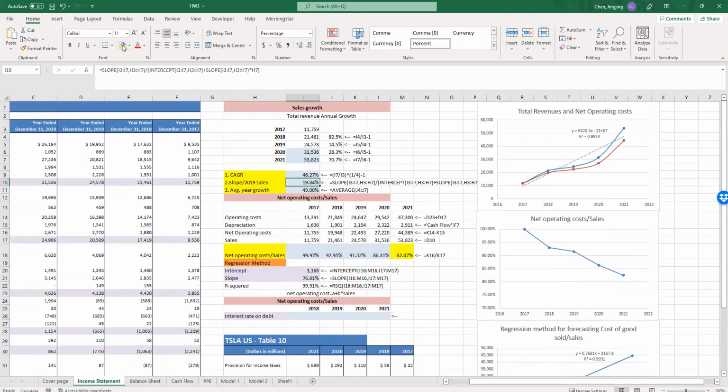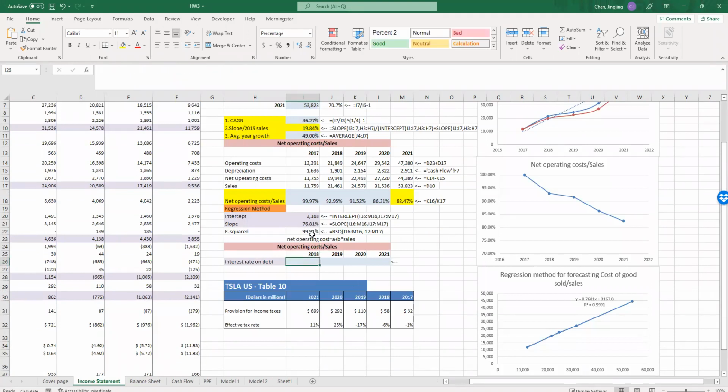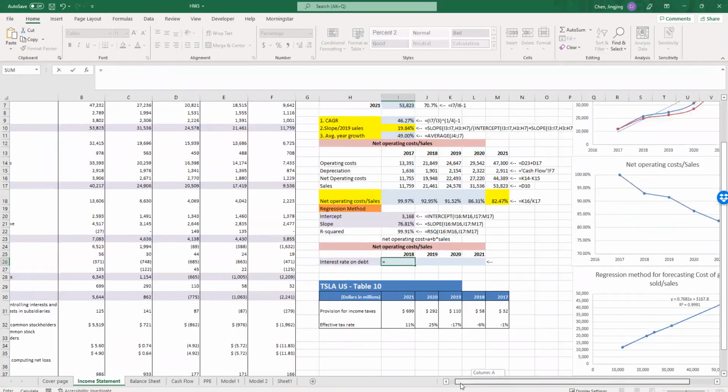And then here, trying to use this regression method for sales forecast. So later on, there will be a question asking you to change your method for this parameter here for net operating costs over sales. Here for interest rate on debt, we'll just need to find the interest. So the interest expense is here. I already highlighted it.